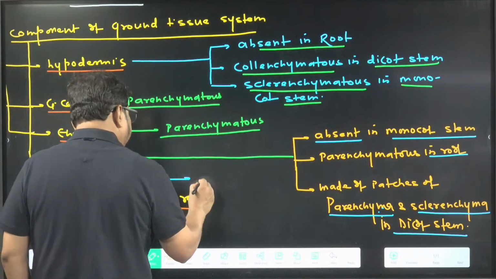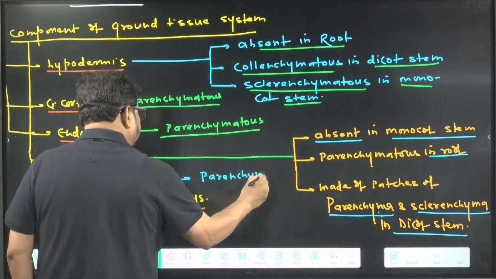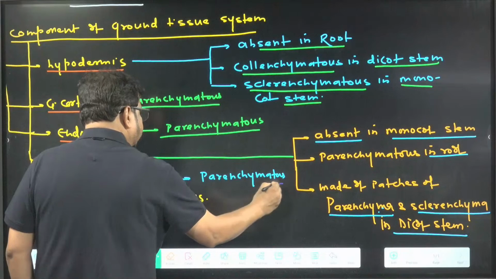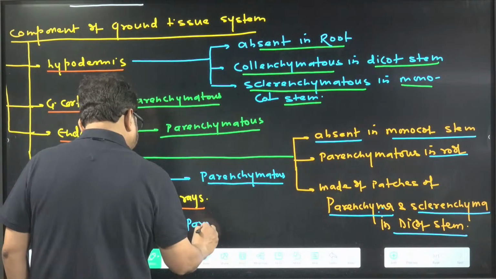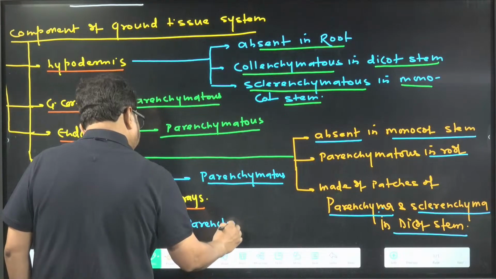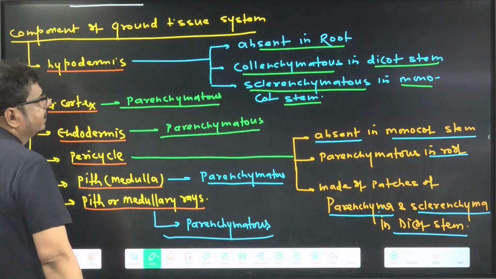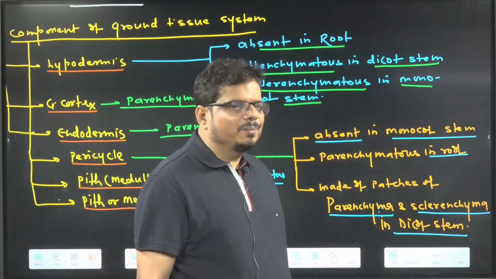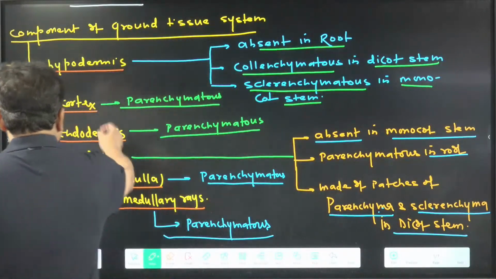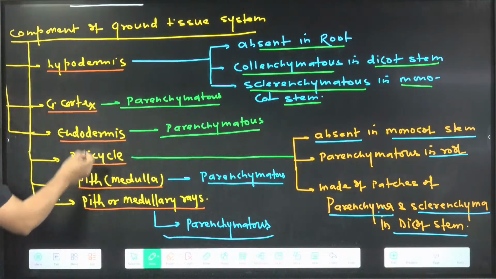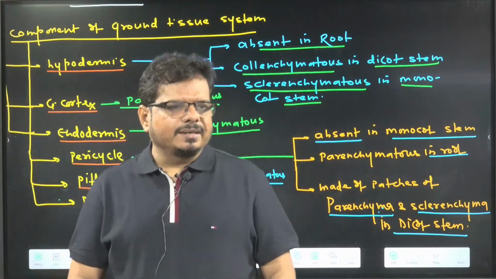Pith is parenchymatous. Pith is made up of which kind of simple tissue? Parenchymatous. And pith or medullary rays are also parenchymatous. So what you are finding, the major part of the ground tissue is made up of which type of simple tissue? Parenchyma.